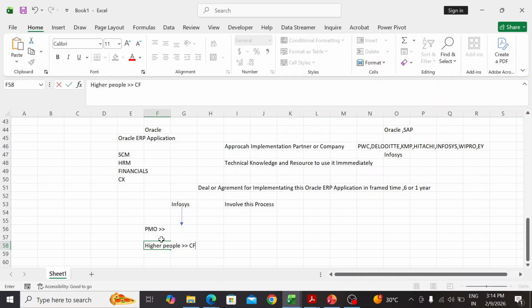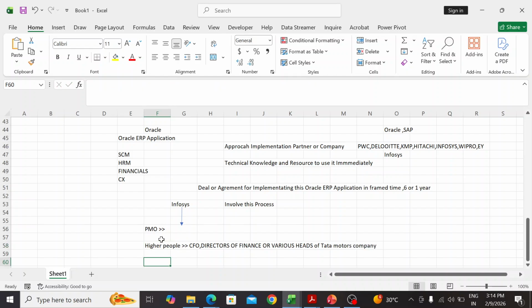Like a CFO, directors of finance, or various heads of Tata Motors Company.